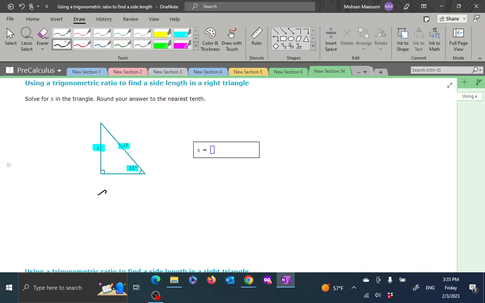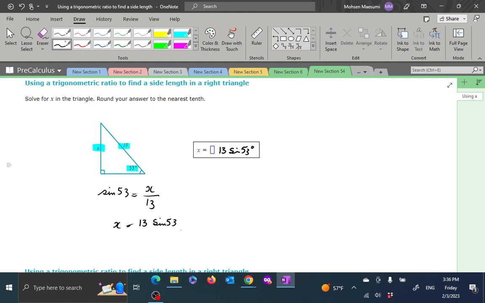So I'll have sine of 53 is equal to x over 13. Is that right? So x, in this case, I multiply by 13, so x is 13 times sine of 53 degrees. Again, you set your calculator into degrees.